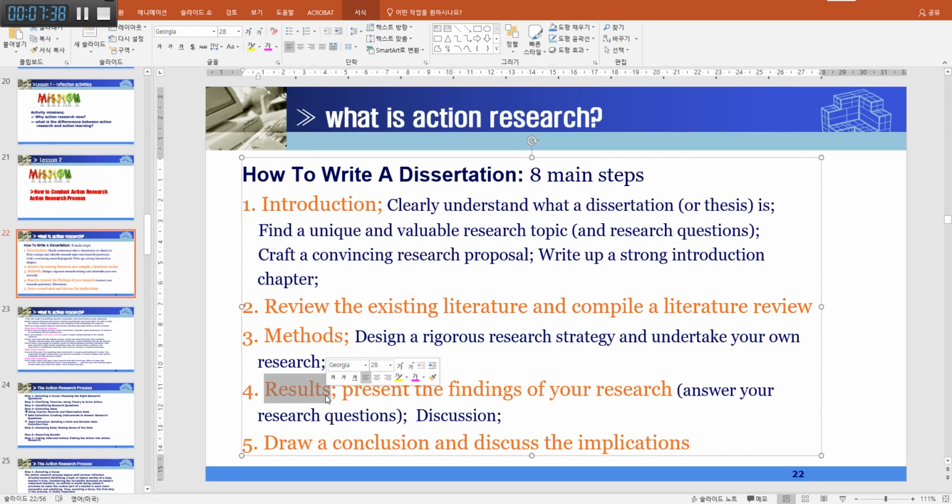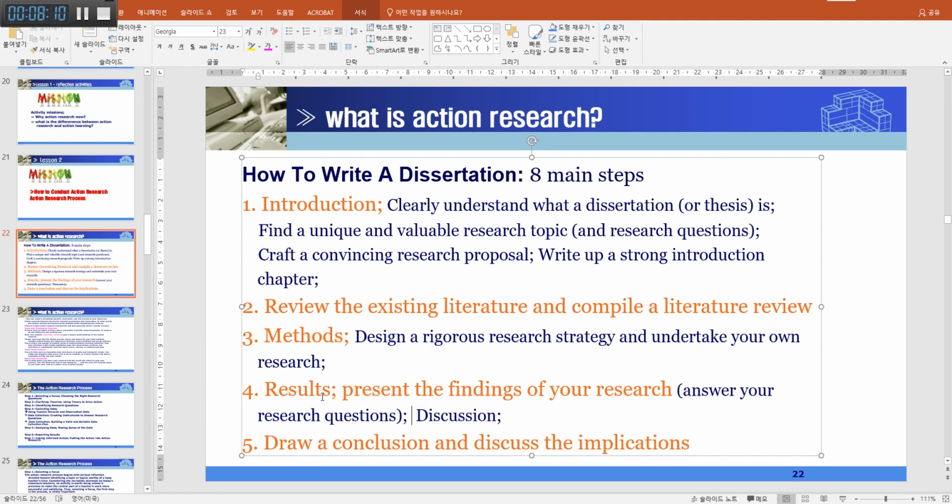You are interpreting your result in light of previous research. Your result may be consistent with previous studies, or it could show some contrast.